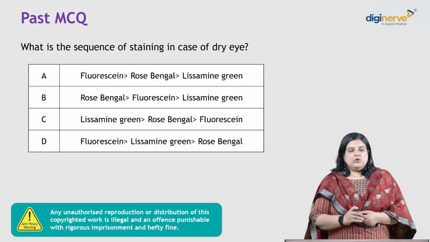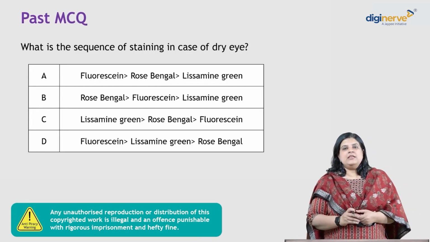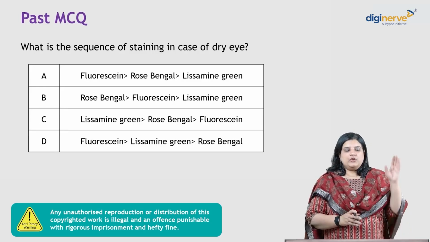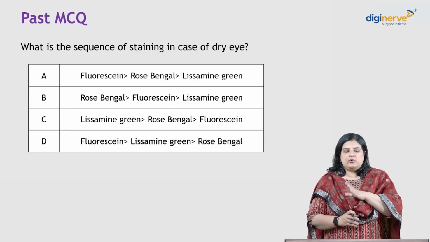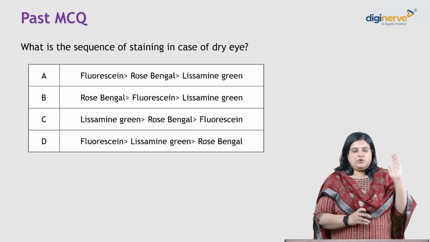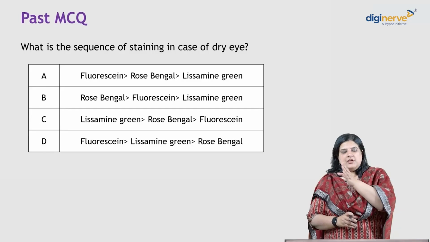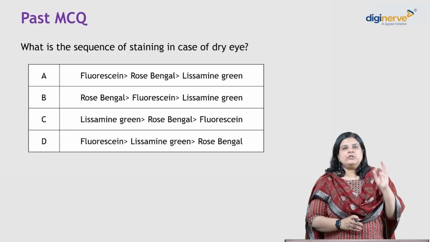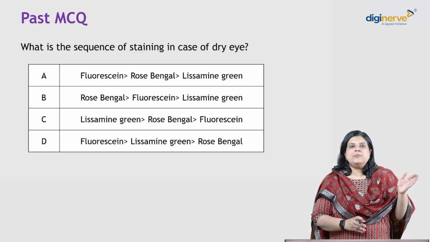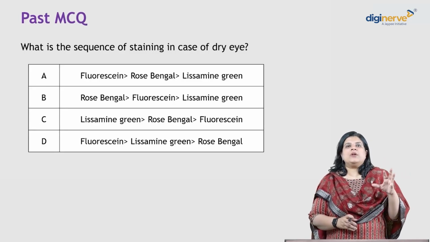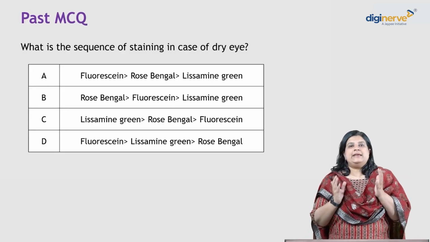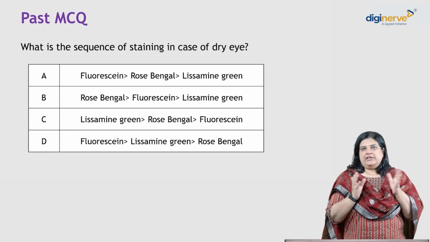Another question looked at the sequence of staining that is done clinically in a patient with dry eye. Do you do Fluorescein first followed by Rose Bengal and Lissamine? Rose Bengal first, Fluorescein and then Lissamine? Lissamine, Rose Bengal, Fluorescein? Now I told you one thing in the previous slide, that Rose Bengal is the most irritant of the three dyes.